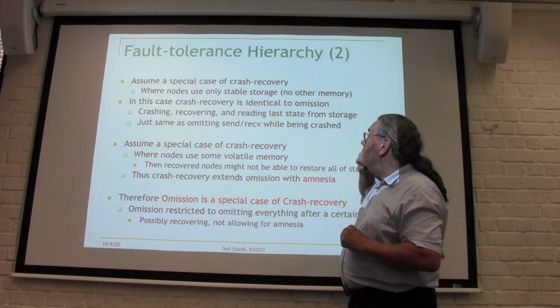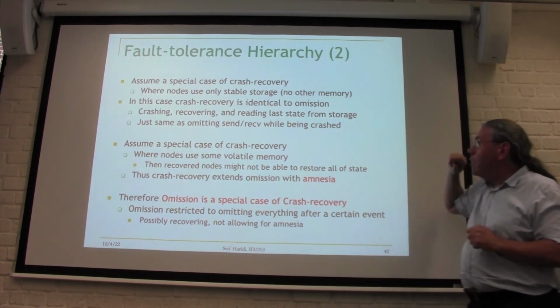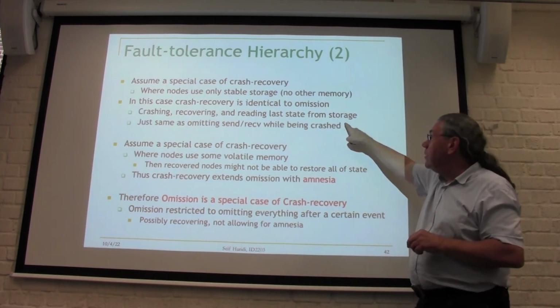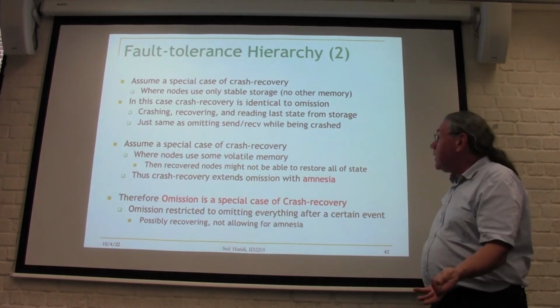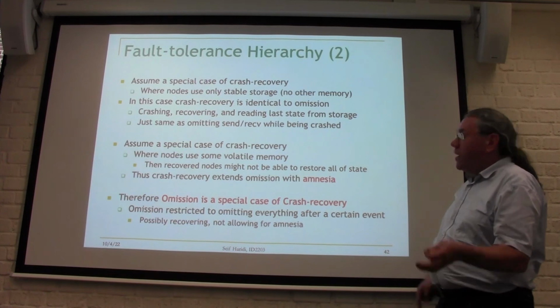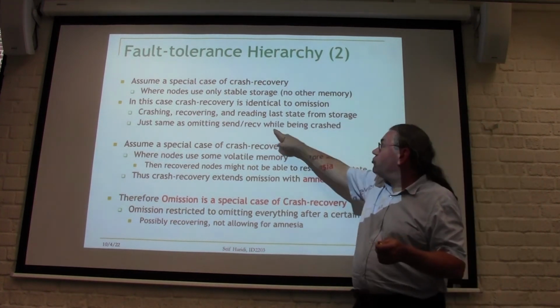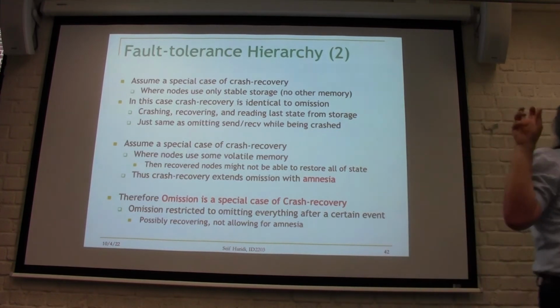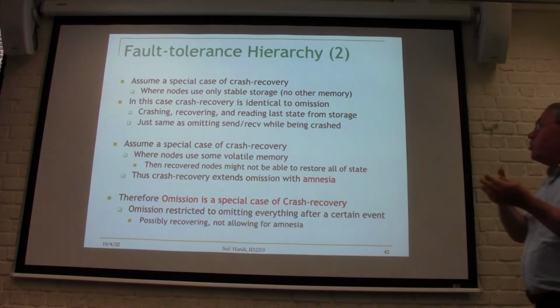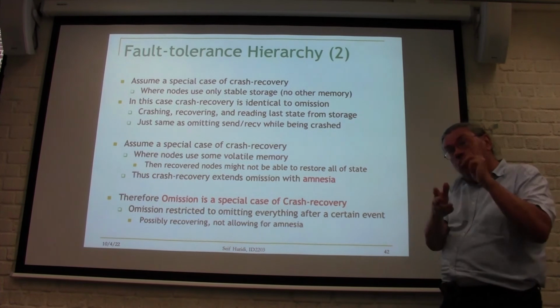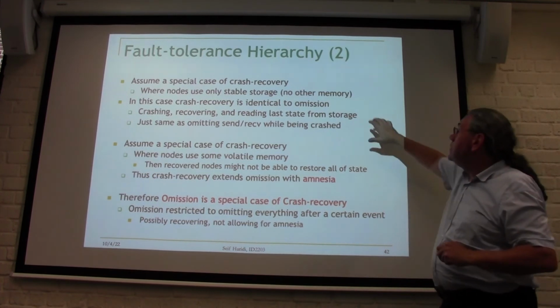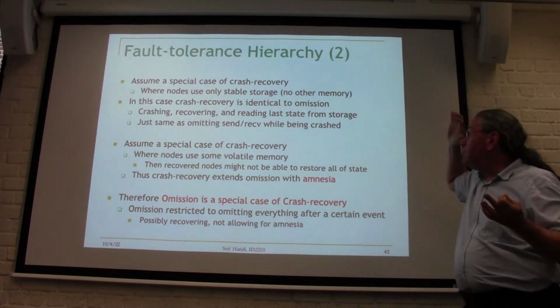In that case, crash recovery is identical, because when you crash and recover, you're just forgetting the message, and so no state is forgotten. While you're crashed, you're just omitting messages. And the recovery could be very fast. You could maybe just omit one message. So then you're exactly the same as omission.